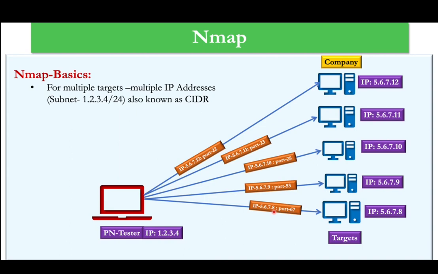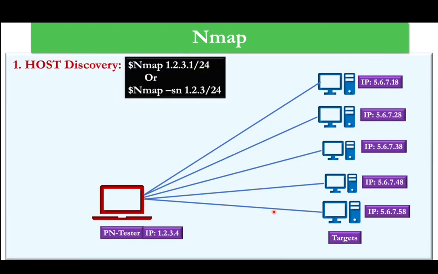So the first step in the scanning process, as we said, is to identify whether the hosts are live or not. That is the host discovery process. So what is the command?